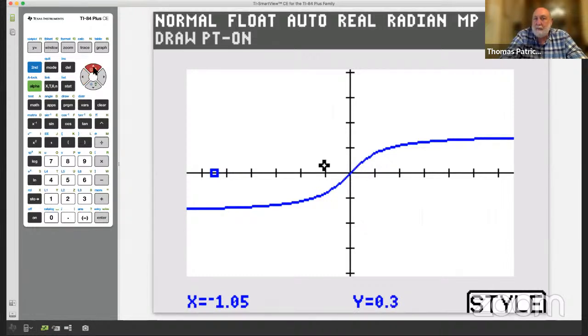So let me go up to a y value of 1/2 and plot another point. And then if I go over to 0, that's where my curve is the steepest, but it almost looks like y equals x here. So it almost looks like a slope of 1. So I'm going to plot a y value of 1. Hit enter.